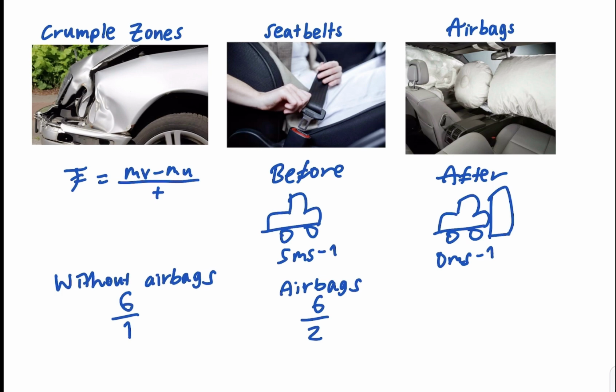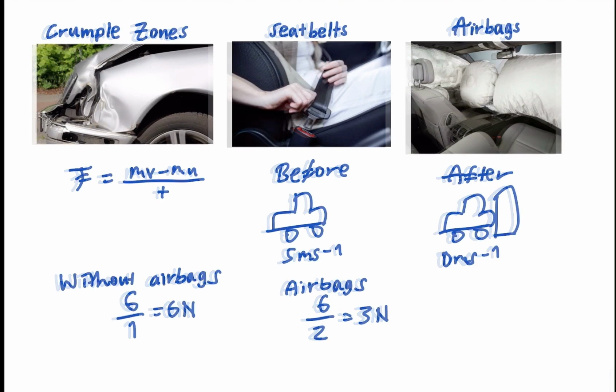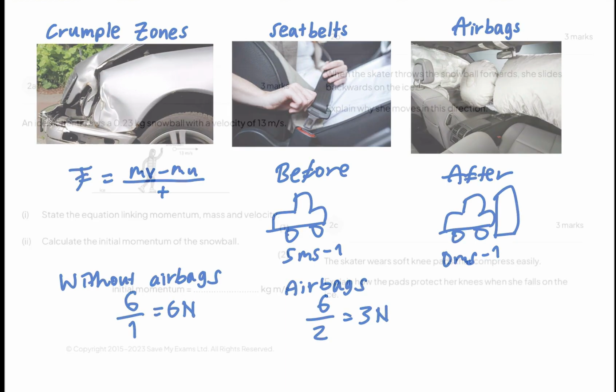So without airbags, the car would exert a force of 6 over 1, which is 6 newtons, while with airbags, the force is 3 newtons. So as shown by this example, increasing the time taken would result in a smaller value for the force, and less force means that there is less force acted upon car passengers, which reduces injuries.